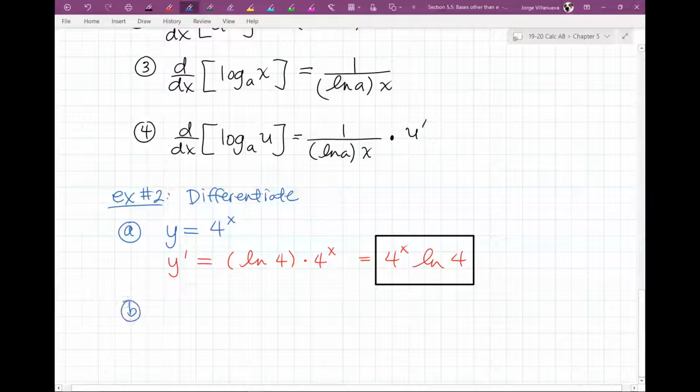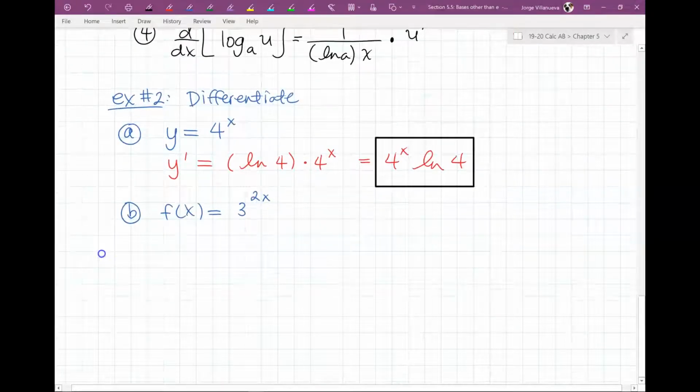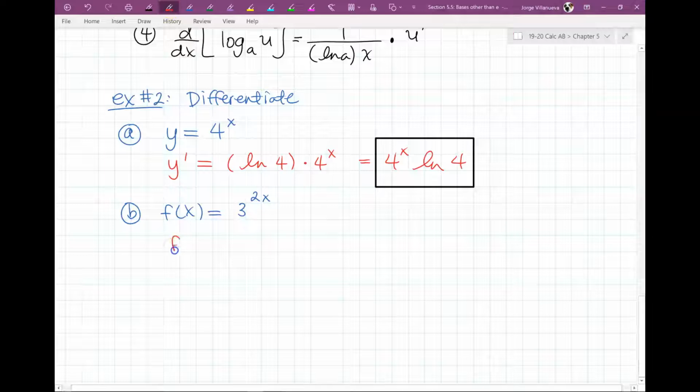Let's try part B. We'll do f of x equal to 3 to the 2x. So that definition says that if you take a derivative of a to the u, then your answer would be ln of a times a to the u times u prime. That means I got to take a derivative of it, right? So f prime will be ln of 3 times 3 to the 2x, times the derivative of u.